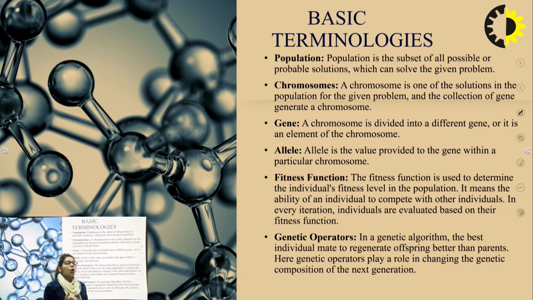Second is genetic operators. In a genetic algorithm, the best individuals mate to regenerate offspring better than the parents. Here, genetic operators play the basic role in changing the genetic composition of the next generation.